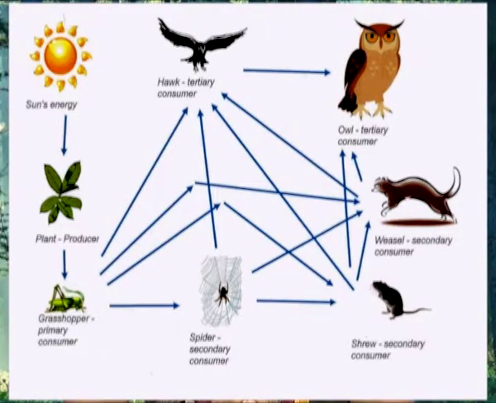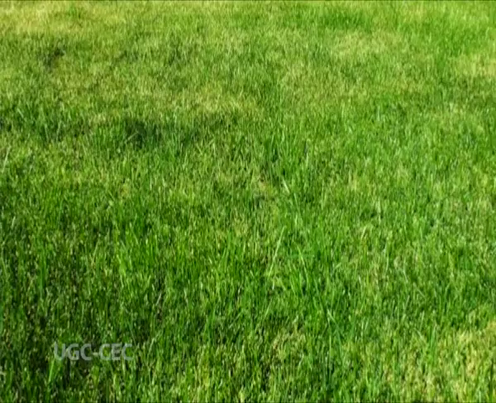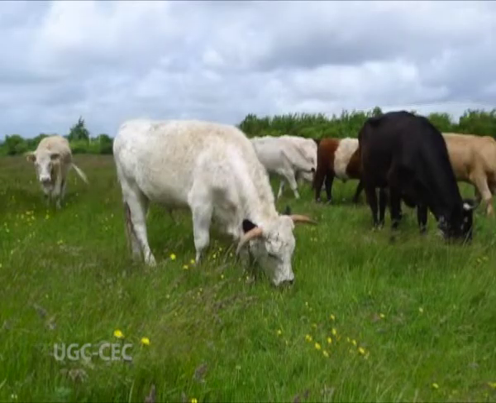Interlocking pattern in a food web is supported by the fact that a single living organism may participate at different trophic levels in different food chains. For instance, in grassland ecosystem, the grass may be eaten by the grazing cattle.